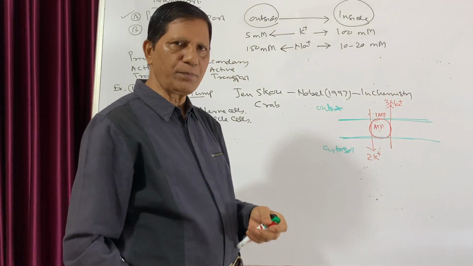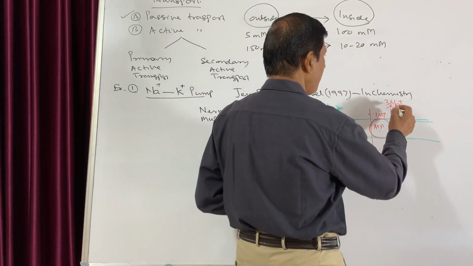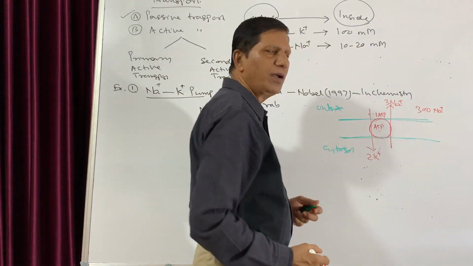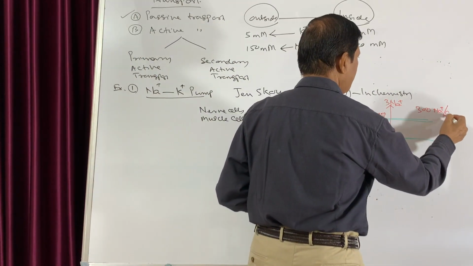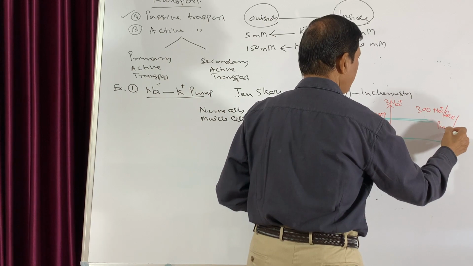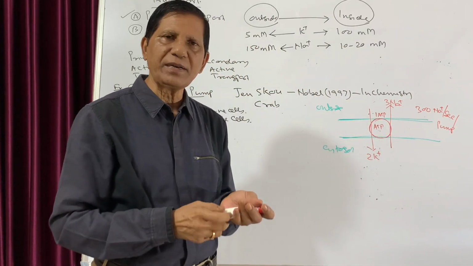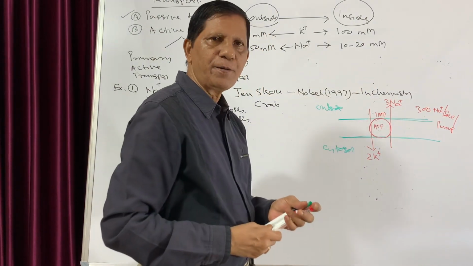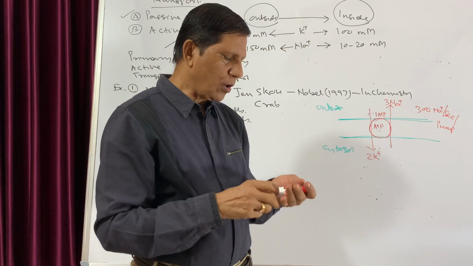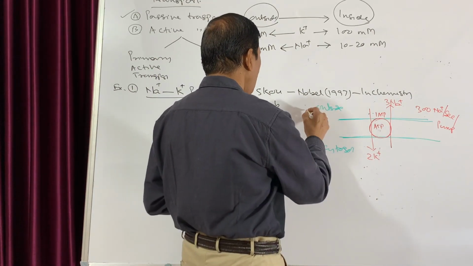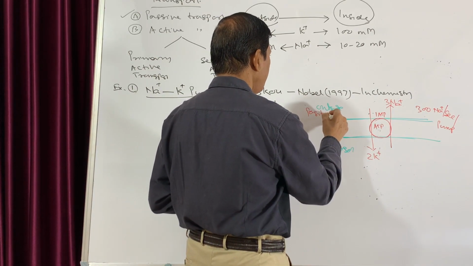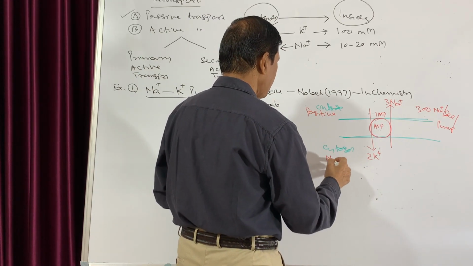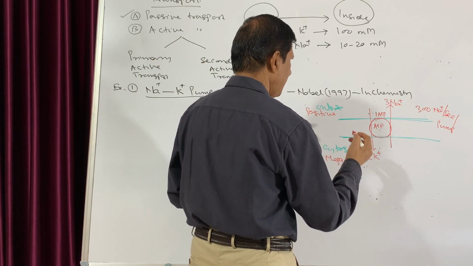As a result, what happens? This takes place at about 300 sodium ions per second per pump. At this rate, the pumping takes place. When the sodium ions go outside the cell, the outside is always positive, while the inner side of the cell is always negative.